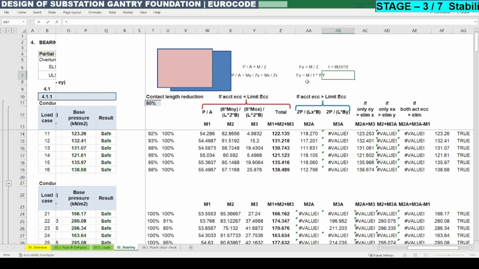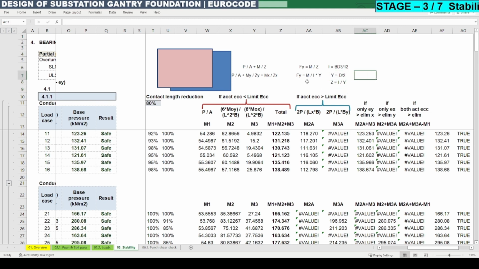We know that Y is the lever arm distance, Y equal to D by 2. So Z is nothing but I, the moment of inertia, divided by Y, the lever arm distance.